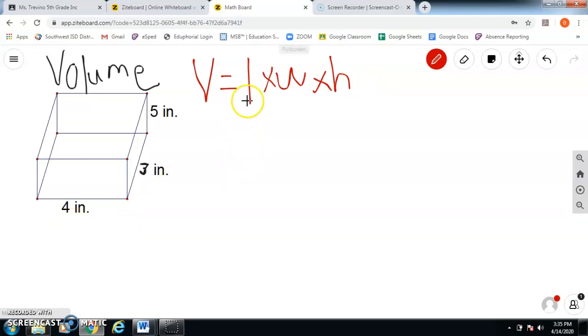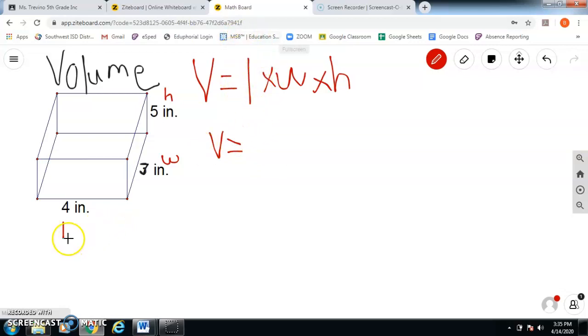Okay, so we're labeling length, that's here, right? Our width is here, and then our height is up here. Okay, so now we're coming in here and we're labeling. What is our length?